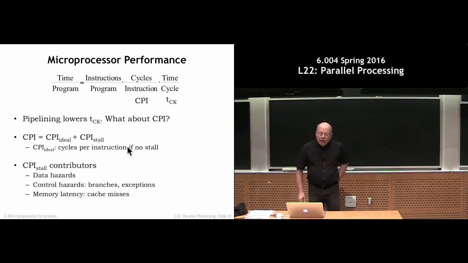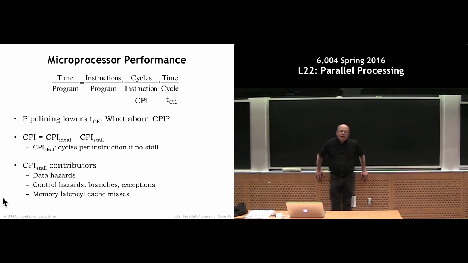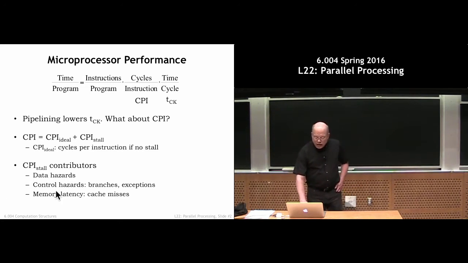There are some other factors that contribute, the so-called CPI stall, which is a generic name we use to represent all the additional cycles, or on average fractions of additional cycles, needed to deal with the various sorts of hazards: data hazards, control hazards, memory latencies, and cache misses and things like that.